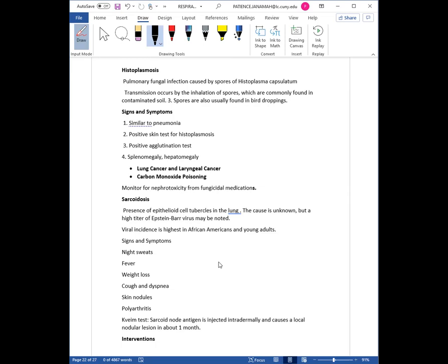Now I put lung cancer and laryngeal cancer. I have a section that talks about cancer and then carbon monoxide poisoning, but I didn't go into details of that. So we all know that we have benign and we have metastatic cancer, which is fast pacing into people's lives these days, that a lot of people present with cancer. So let's go and study more about cancer because you're going to see a question of a patient presenting with cancer.